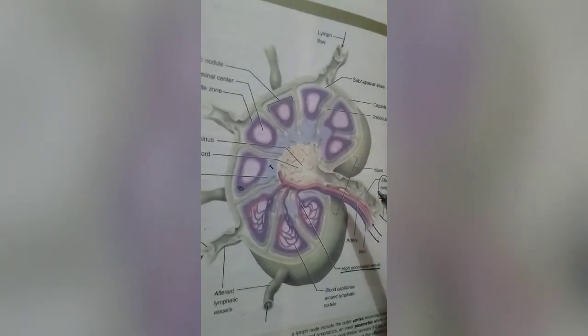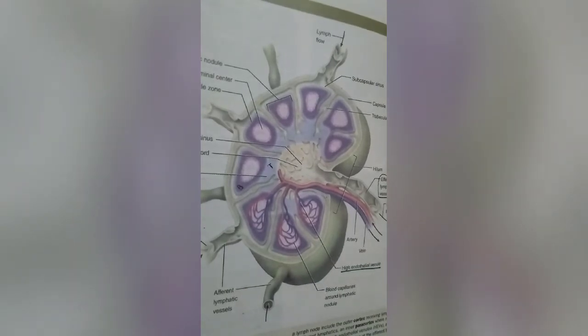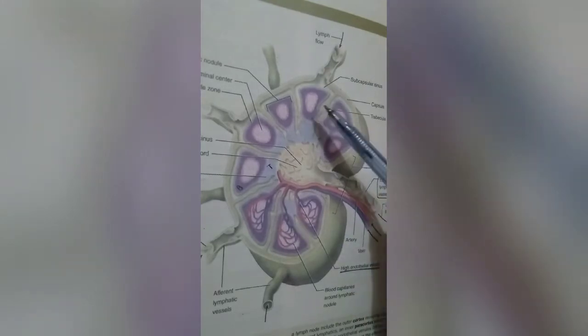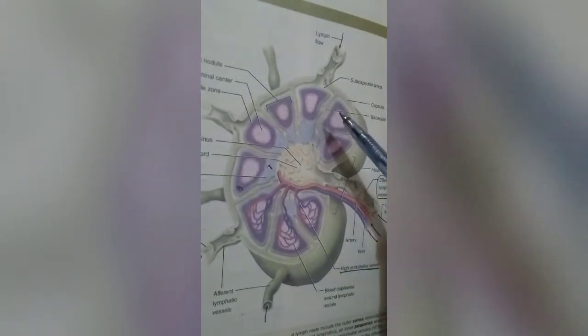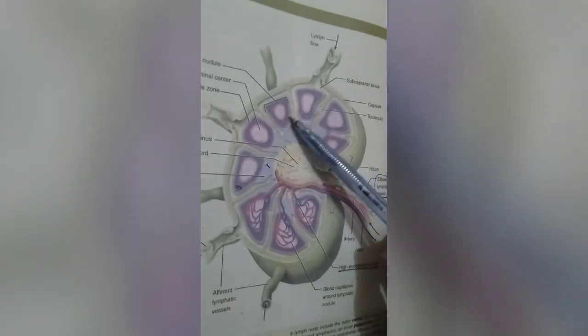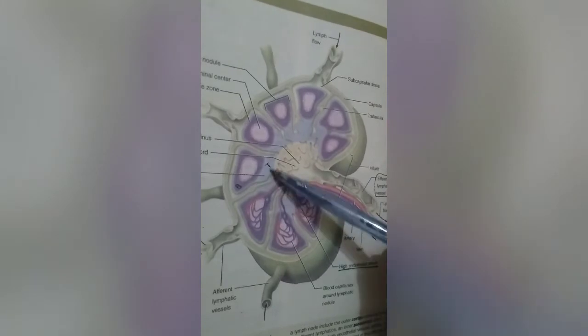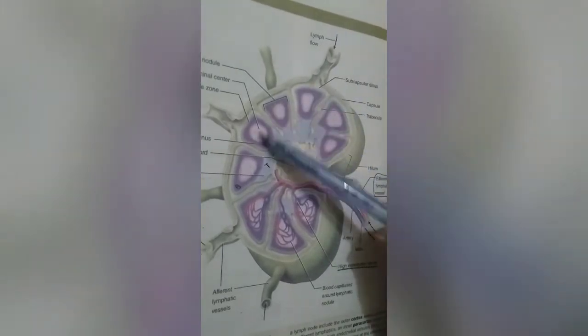Now we will move further toward the internal structure of the lymph node. This is the parenchyma of the lymph node, which can be divided into two regions. The outer, darker region is called the cortex. You can see here, this whole portion is the cortex.